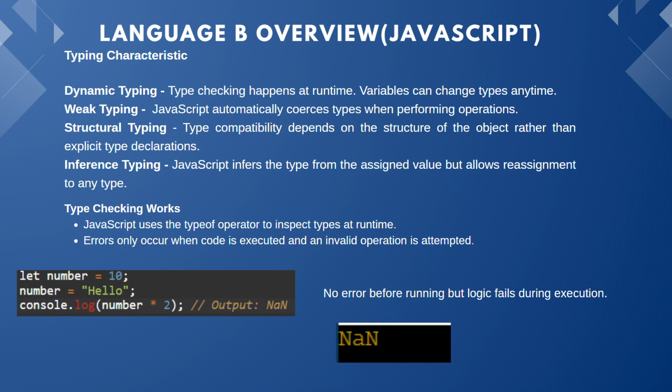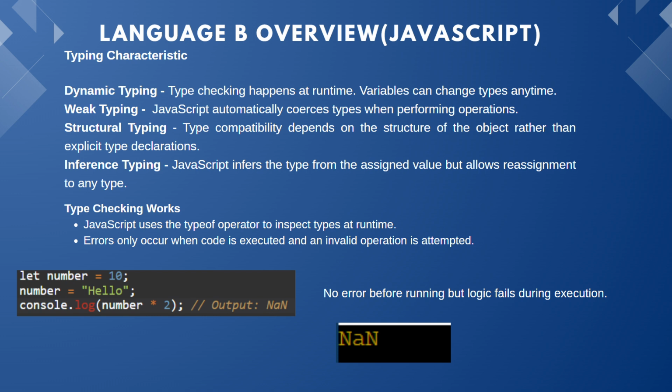Now, let's look at JavaScript and how it handles typing. JavaScript uses dynamic typing, meaning types are checked only when the code runs. A variable can change from a number to a string anytime. It is also weakly typed, so it automatically converts types when needed. For example, adding a number and a string will turn the number into text.